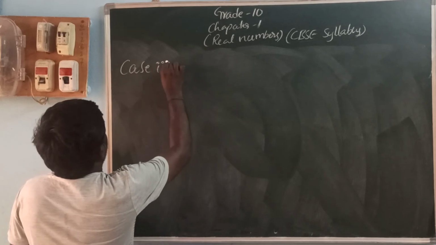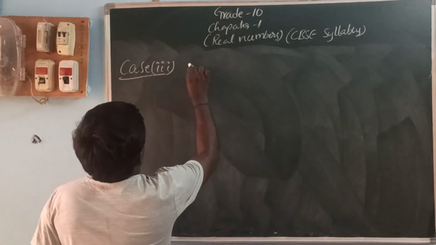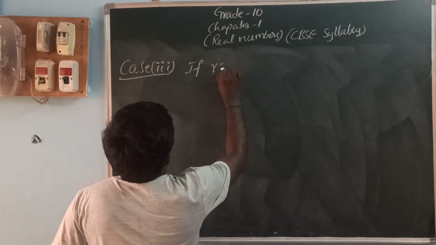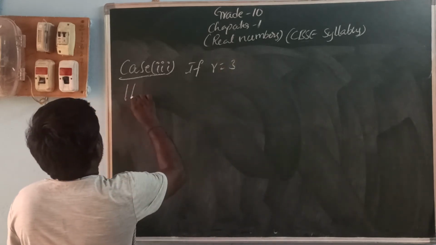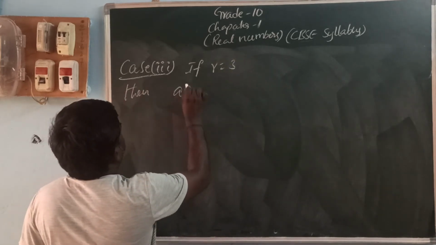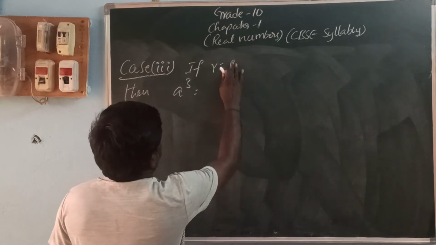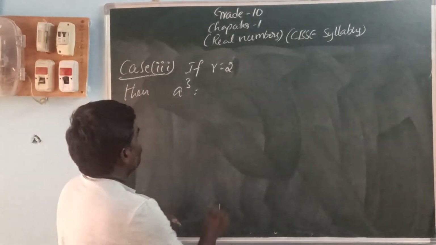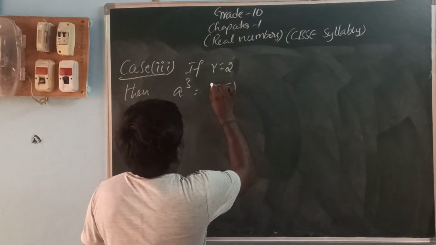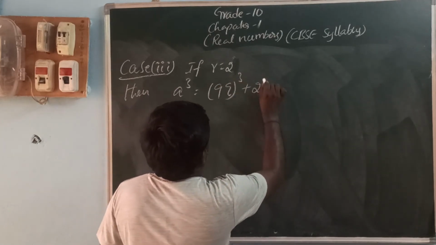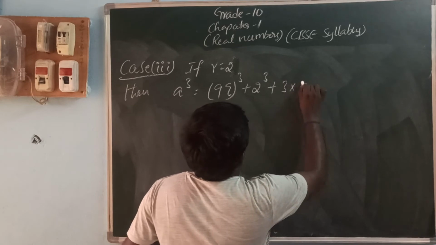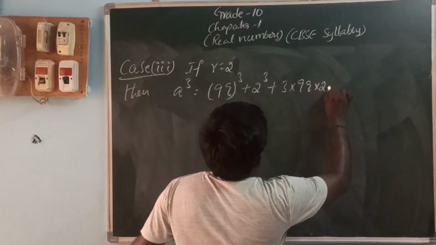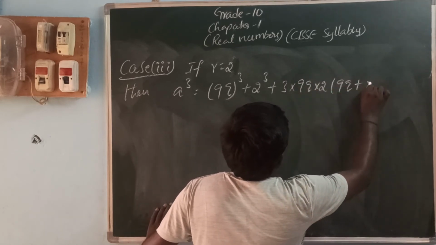Next, case 3: if r is equal to 2, then a cube is 9 cube whole cube plus 2 cube plus 3 into 9 cube into 2 of 9 cube plus 2.